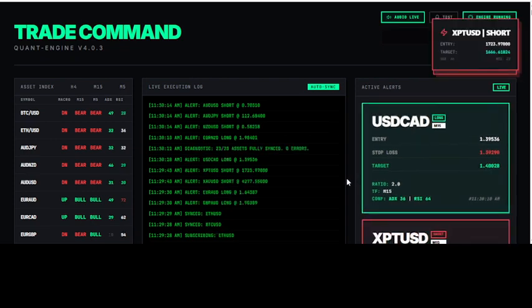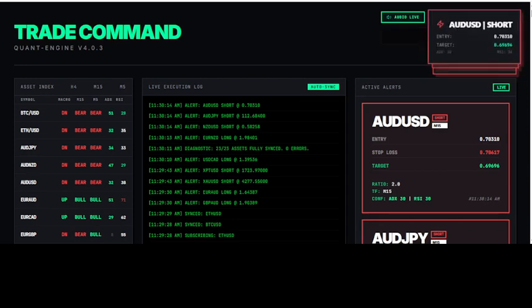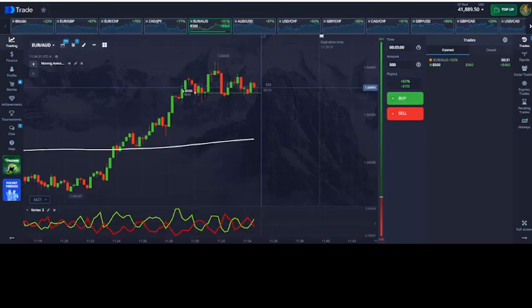So I'm going to pause the video and wait for the expiration at the end of the 5 minutes with about 15-30 seconds left. Okay, so we have about 30 seconds left in the trade. The trade is about to expire here.